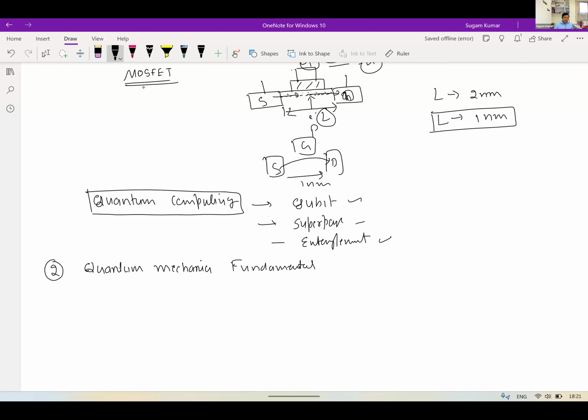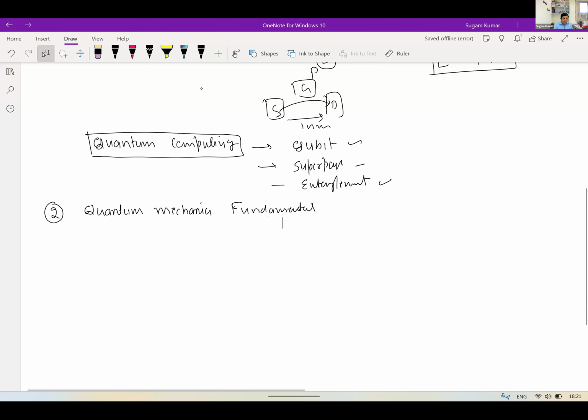This is only a 2 to 3 hour class, and explaining the whole of quantum mechanics in that time is going to be very challenging. So I'm expecting that you already have prior knowledge of quantum mechanics. I will brush up a little and bring your focus to certain parts which are important and required to understand quantum computing.